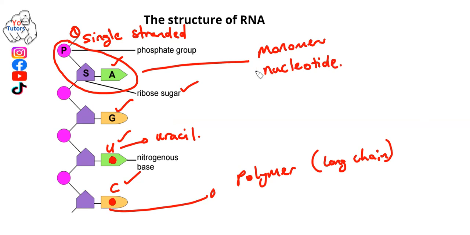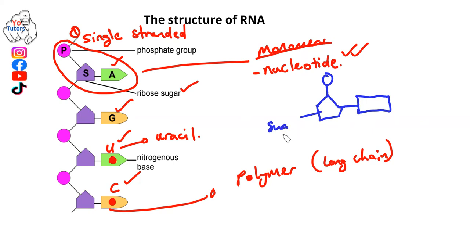So you must always remember that the monomers of your RNA and DNA are nucleotides. One nucleotide consists of one phosphate group, one nitrogenous base, and the sugar, which is the ribose. Then it's a phosphate group.